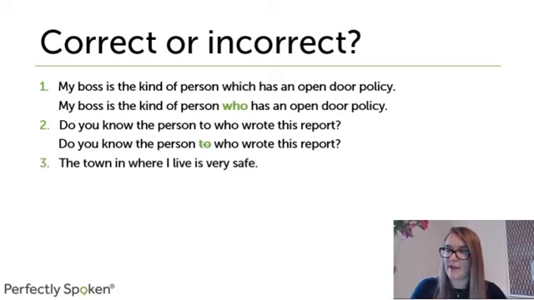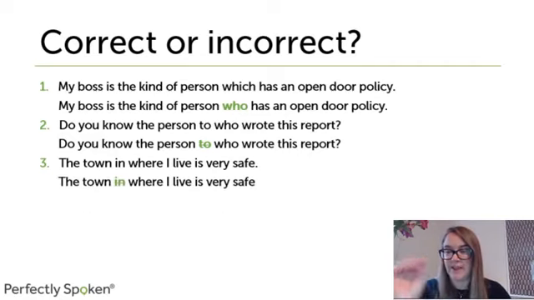What about number 3? The town in where I live is very safe. Is this correct or incorrect? What do you think? Incorrect. Again, we need to eliminate a word, and this time it's in. The town where I live is very safe.